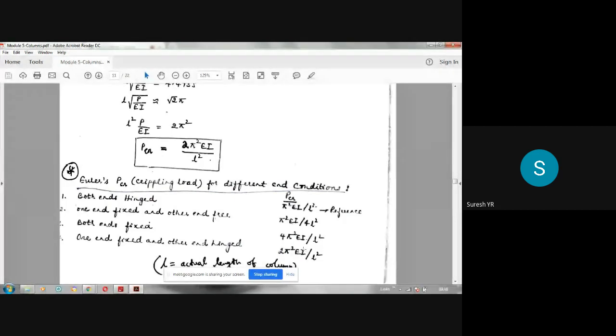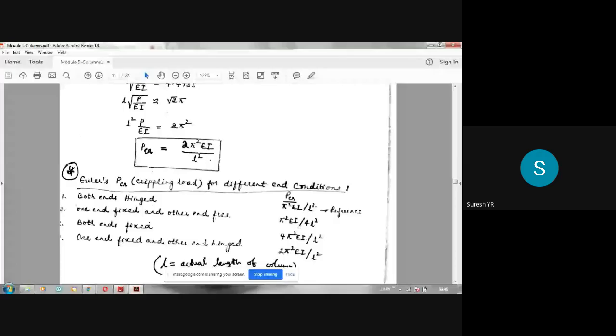Fourth case, pi square EI by L. Constant k: for a column with both ends fixed, it is very high compared to the other conditions.